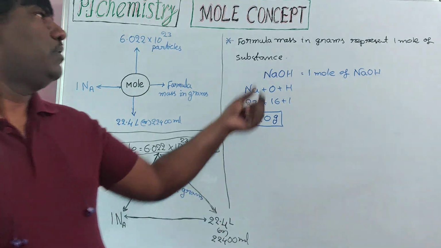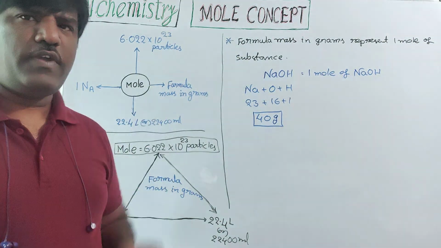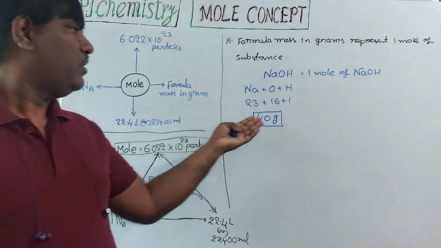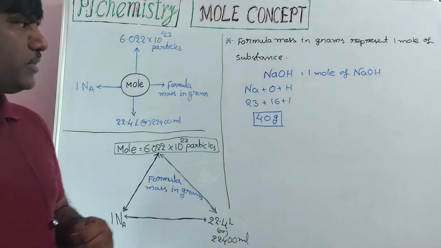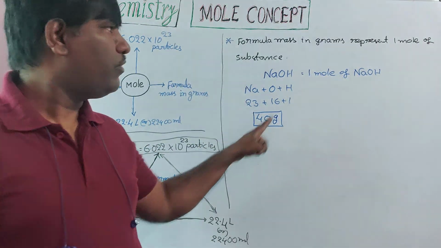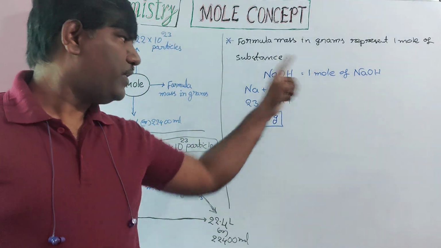So, formula mass in grams represents 1 mole of the substance. NaOH is the one formula; we calculate its molecular mass, 40 grams. This 40 grams is nothing but 1 mole of NaOH.